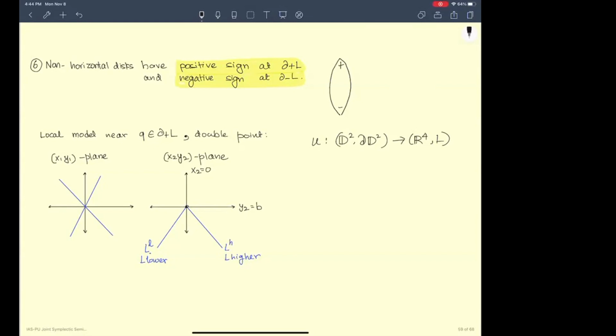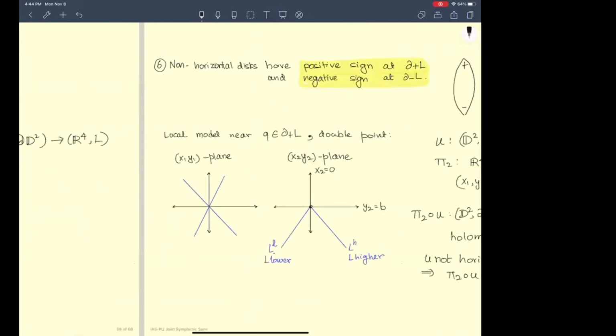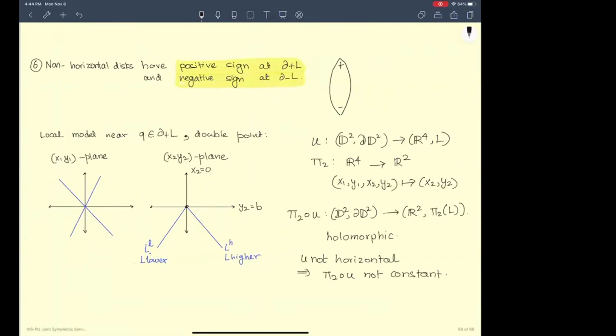Now suppose we have a holomorphic disk which is going through that point Q. Then you can take its projection to this picture. And that's going to still be holomorphic because that projection is holomorphic. And because u was not horizontal, this projection is not constant.